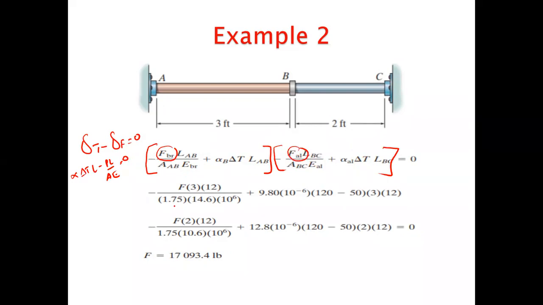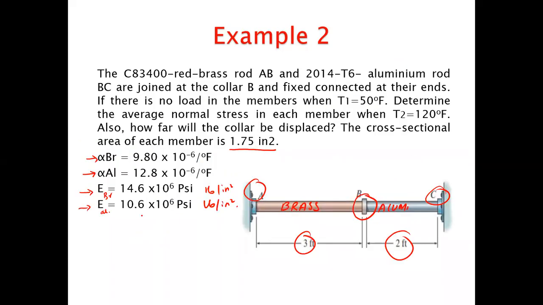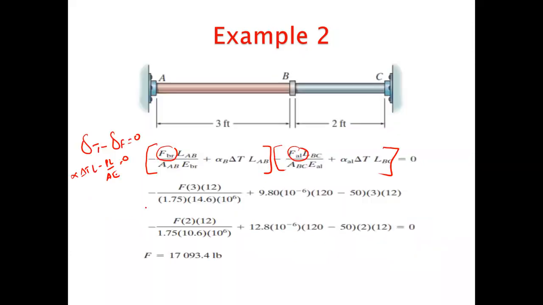So the area is 1.75, and E for brass is 14.6 times 10 to the power 6 PSI, and E for aluminum is 10.6. So this is the compatibility equation for brass.